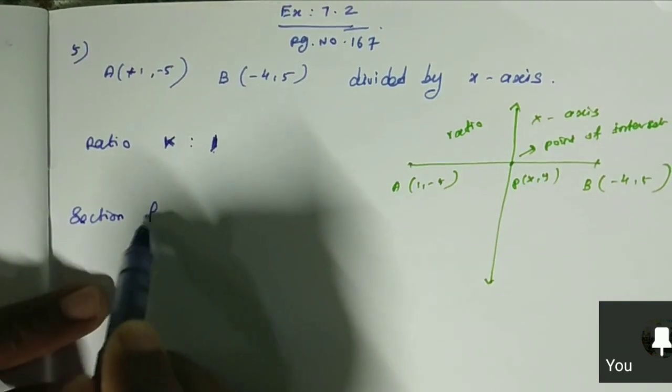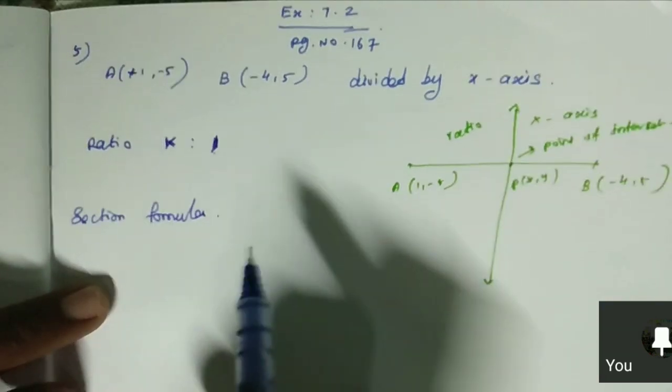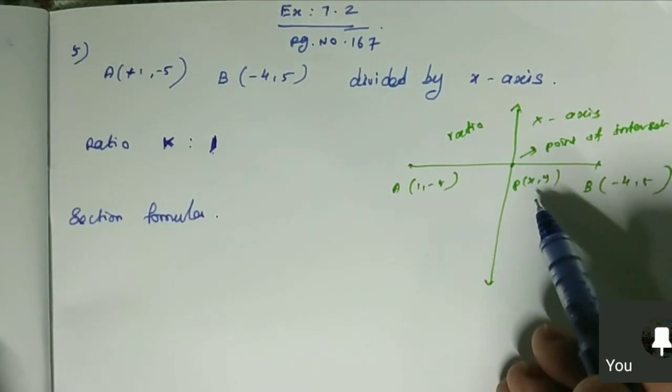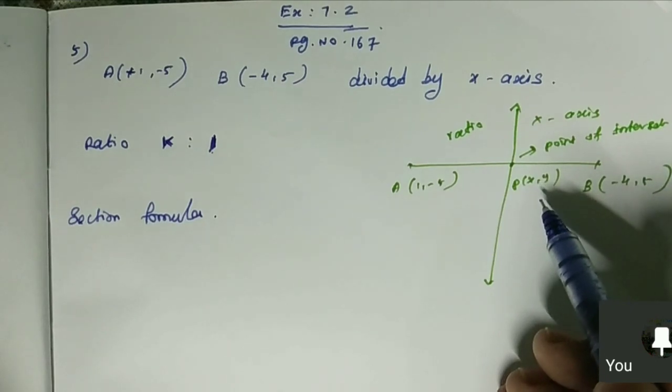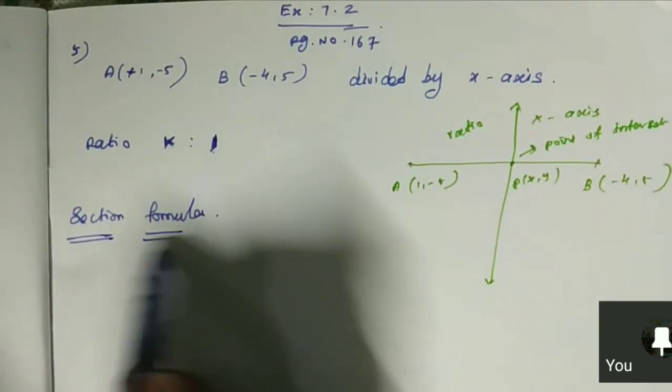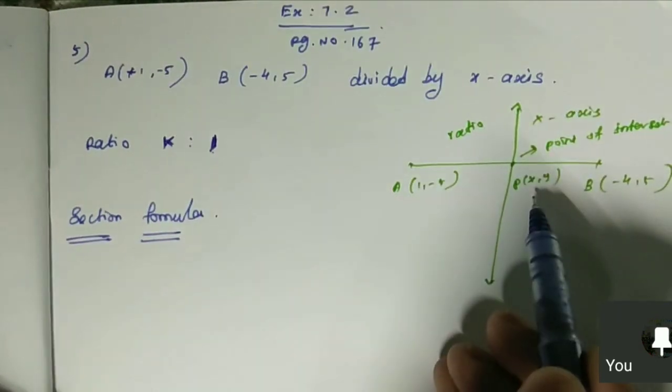Now we can use the section formula. When using the section formula, we can find P(x, y).